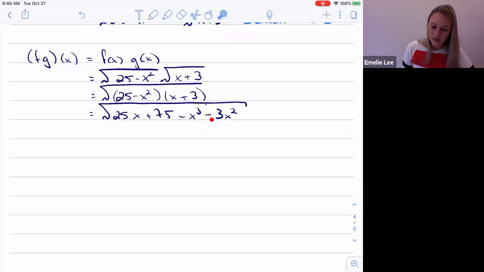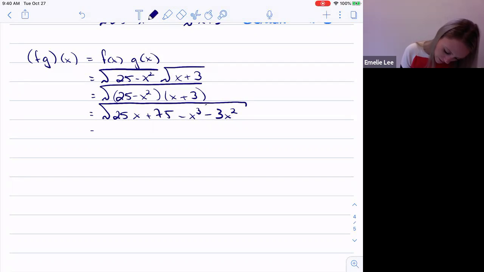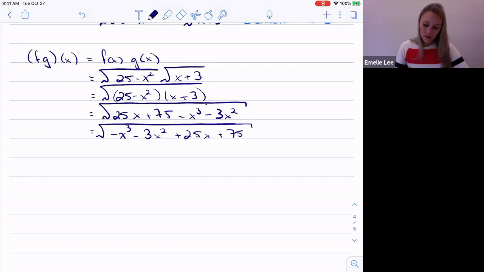And then just to get in the habit of writing these things with decreasing powers, I'm going to rewrite this as negative x to the 3 minus 3x squared plus 25x plus 75. So now I've got what looks like a completely different function, and that's the whole point. So we're just combining these functions using addition, subtraction, multiplication, division.